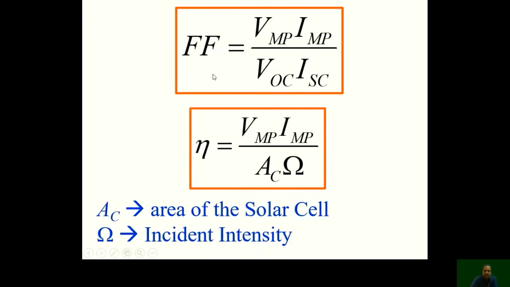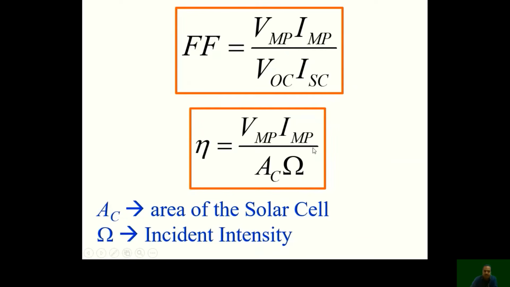So now let us define the efficiency of the solar cell. The efficiency of the solar cell is defined as the ratio between the output power and the input power. And what is the output power here? Output power is the product of the voltage corresponding to the maximum power and the current corresponding to the maximum power. And AC times omega corresponds to the input power, where AC is the area of the solar cell and omega is the incident intensity.